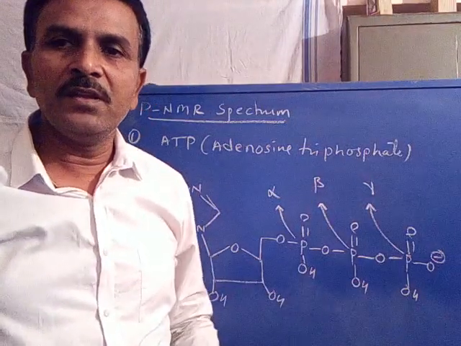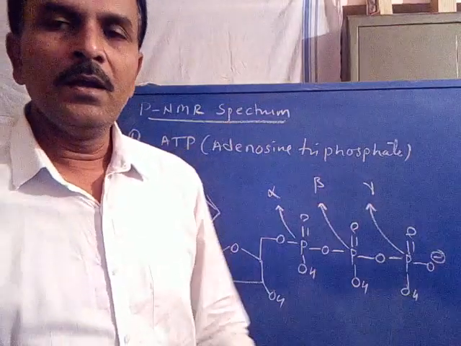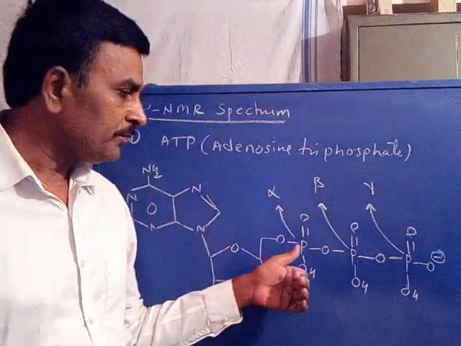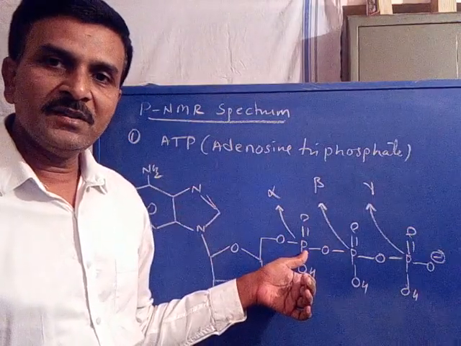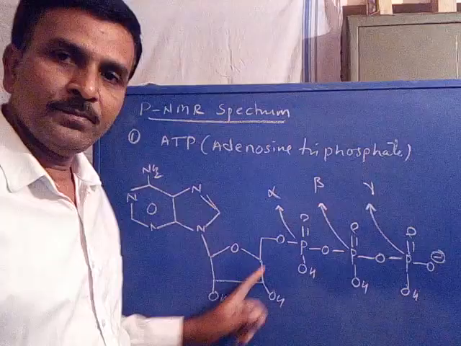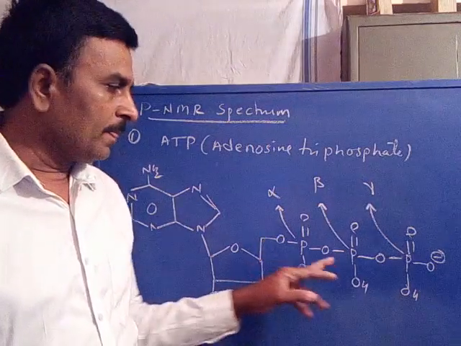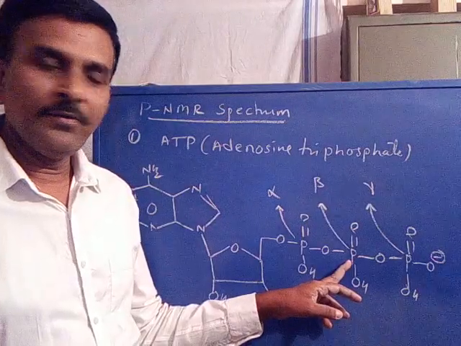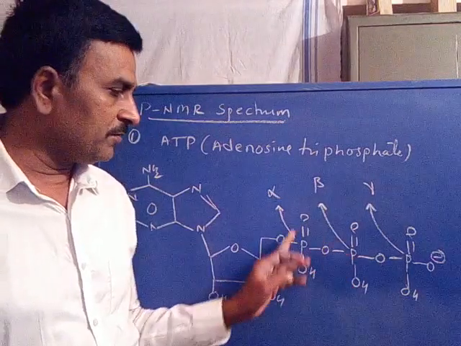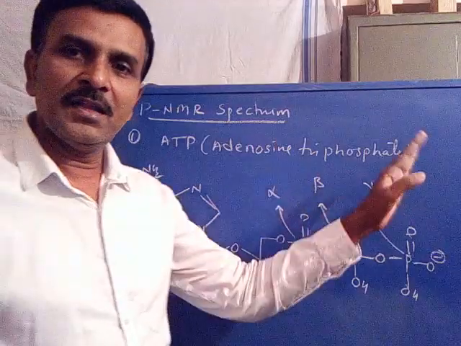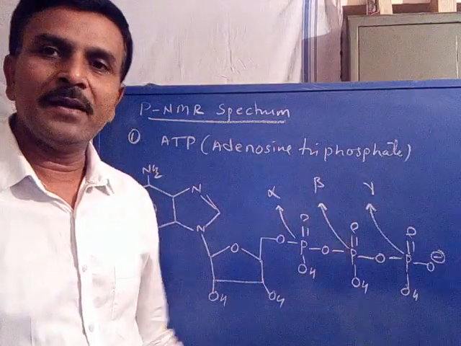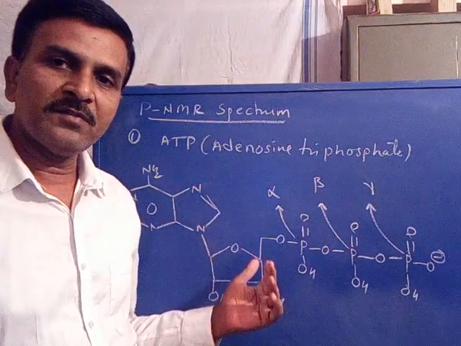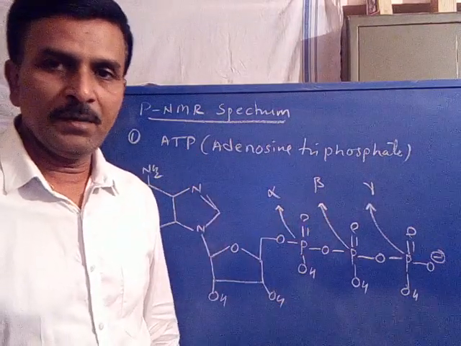The three phosphorus in the side chain of the triphosphate unit are non-equivalent, because this is the phosphorus adjacent to the whole group. Is it clear? The situation does not exist at the middle phosphorus, where the middle phosphorus is attached to one phosphate at the left side and another phosphate group at the right side. So the environment of the alpha phosphorus is different from beta phosphorus.